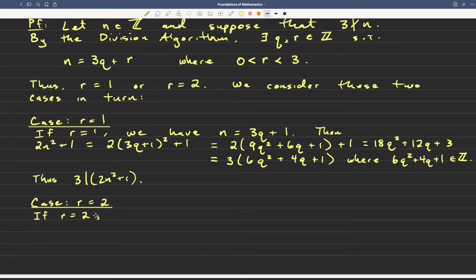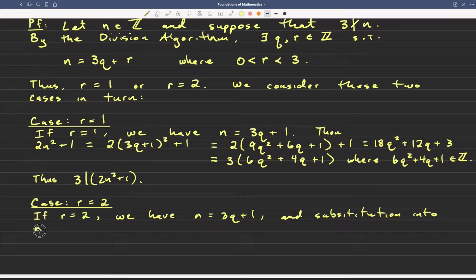So if r is equal to 2, we have n is equal to 3 times q plus 2, and substitution into 2n squared plus 1 yields 2n squared plus 1 equals 2 times (3q plus 2) squared this time, plus 1.